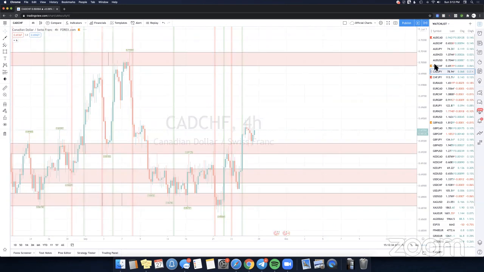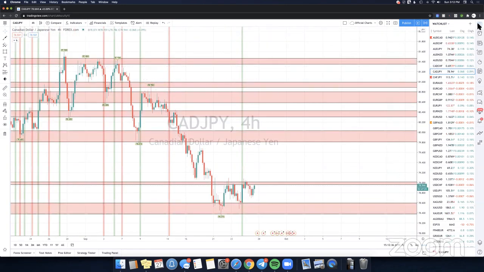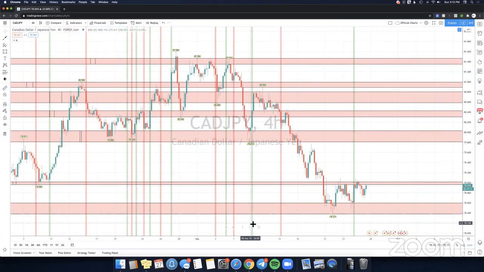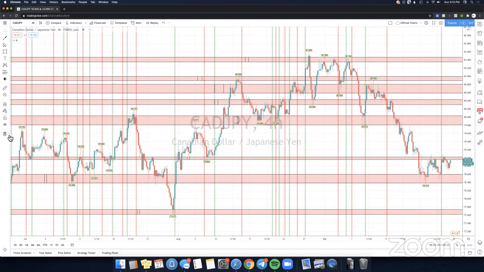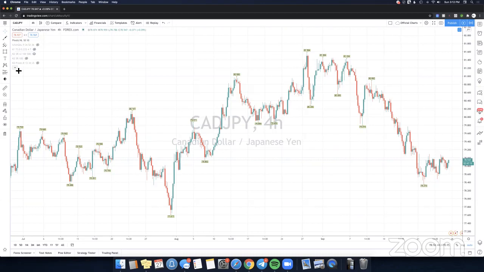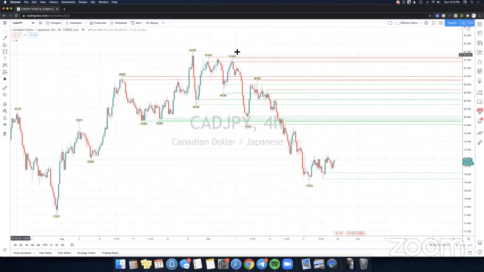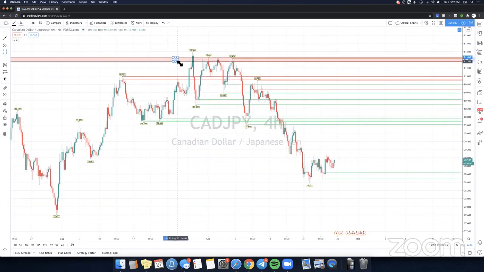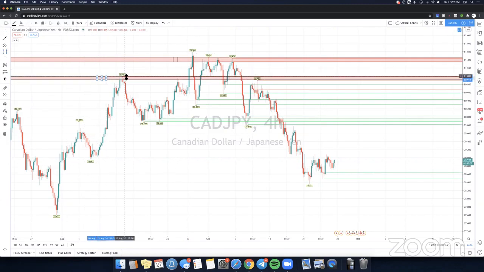Move on to the next one, CAD JPY. I'm going to delete everything off the chart, turn off the momentum indicator, turn on the K2SRs, and then draw these zones up here for you. One right there, one right there.